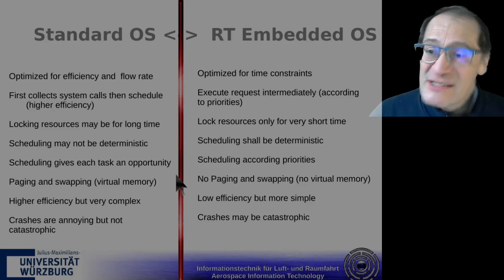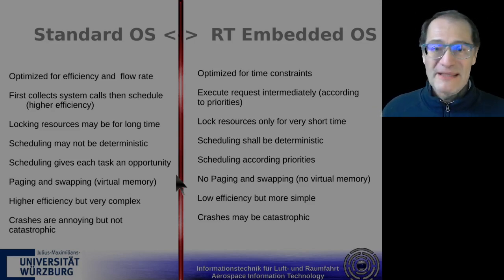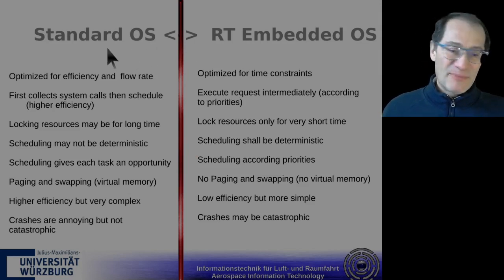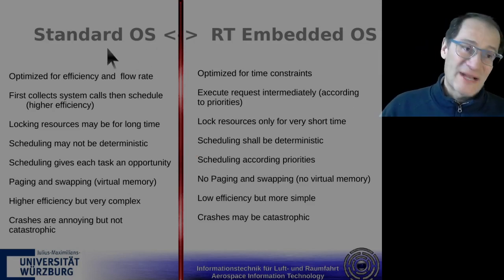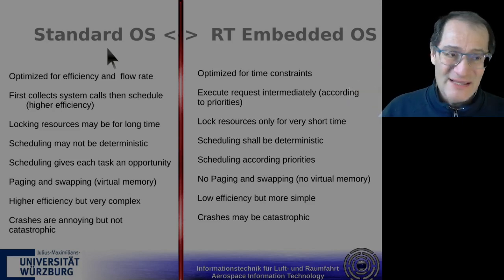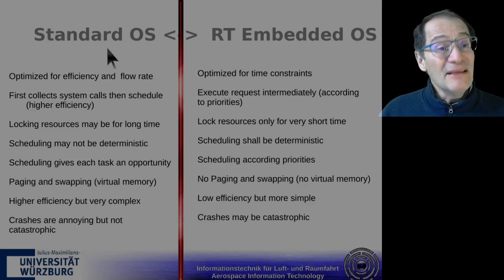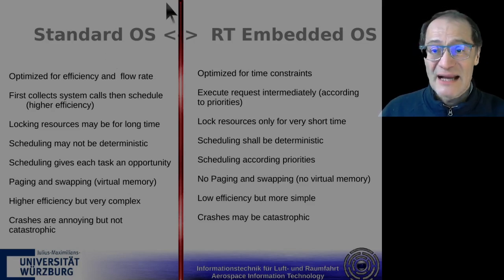Okay, and now let's compare a standard operating system with a real-time operating system. A standard operating system is what we use in laptops, for example Linux or some kind of Windows, or macOS or something like this. They are implemented in different ways because they target different applications. Let's compare.